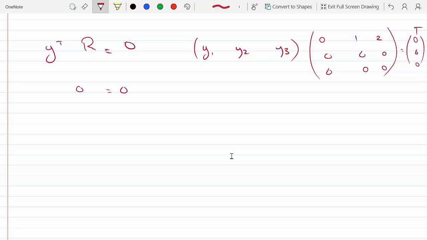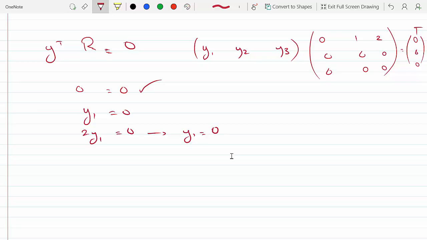This is true, but not useful. The second equation is 1 y1 plus 0 y2 plus 0 y3 equals 0, so y1 equals 0. And then 2y1 plus 0 y2 plus 0 y3 equals 0. Same answer, y1 equals 0.